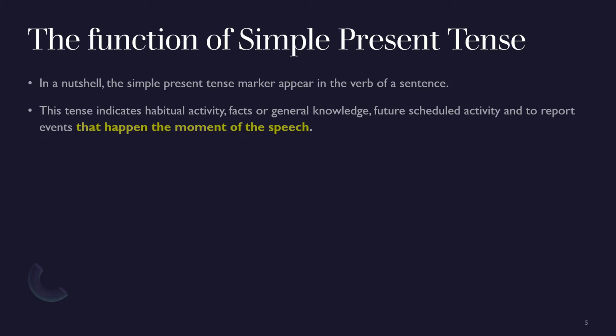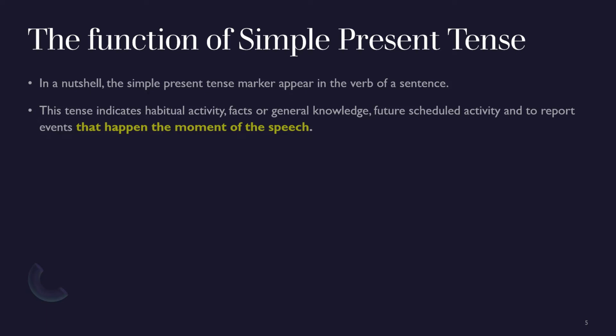Actually, it can be expressed by simple present tense. I'll let you know later. And lastly, it can be used to report events that happen at the moment of the speech. It might be confusing because you know that something that is still happening at the moment of the speech should be expressed by present continuous tense, right? But that's not the case with the simple present tense.